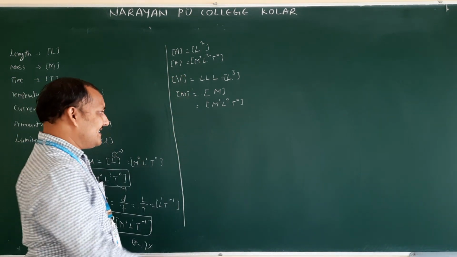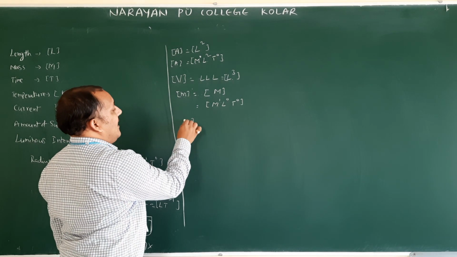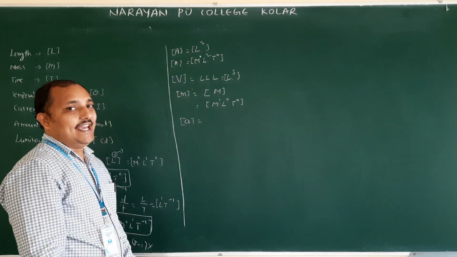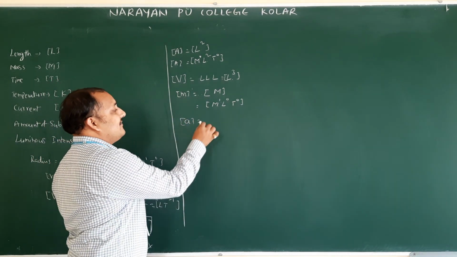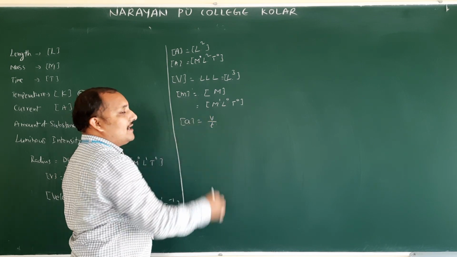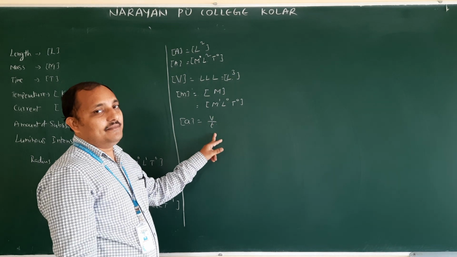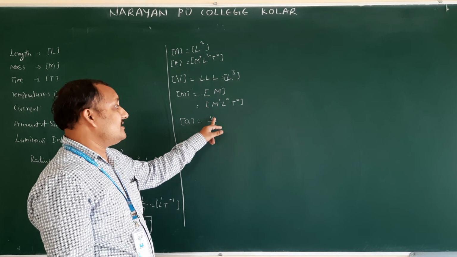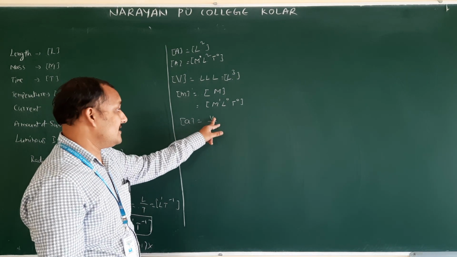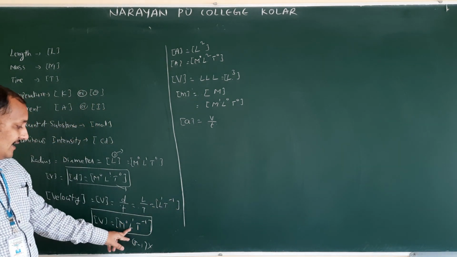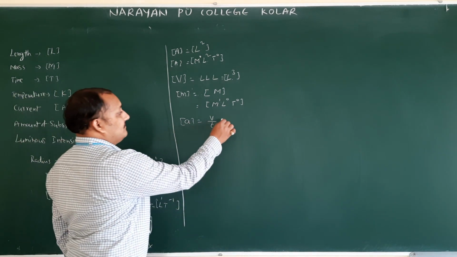Next, acceleration. Acceleration is denoted with small a. What is the definition of acceleration? Velocity by time. At this point, you should know the dimension formulas of velocity and time. The velocity dimension formula we already got: L t power minus 1.